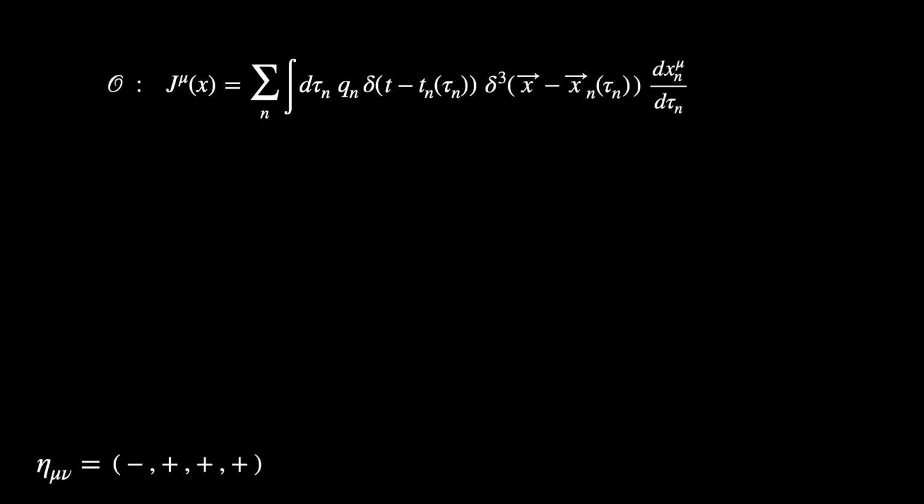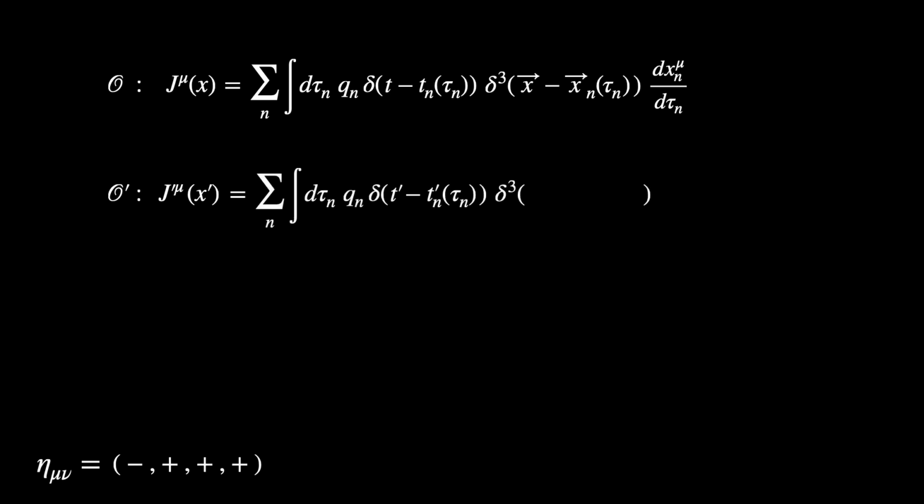This is J described in the frame of O, the unprimed frame. While in the frame of O prime, we just replace all the unprimed coordinates with primed coordinates.